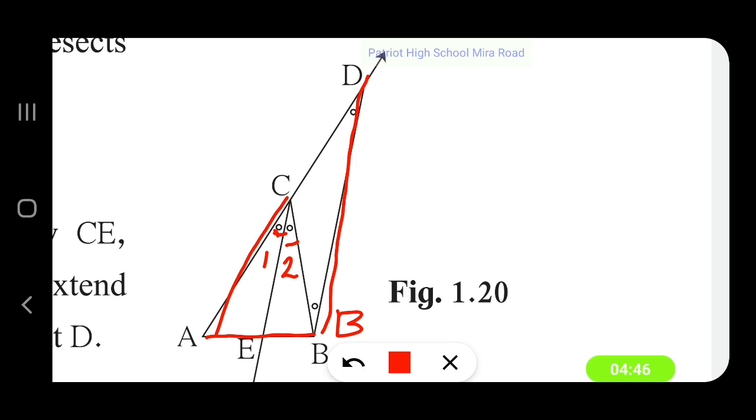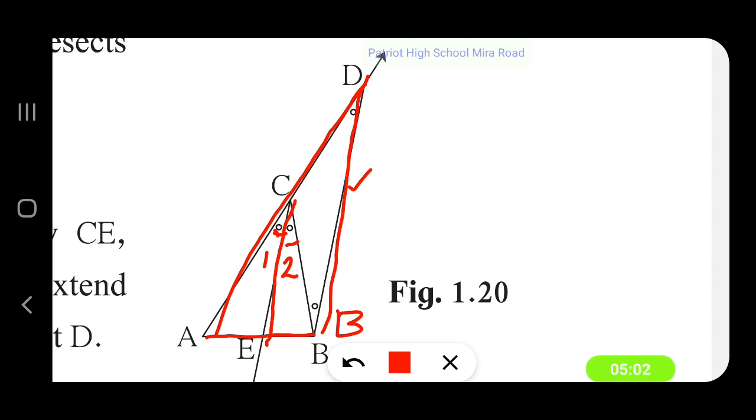This triangle is formed now. In this triangle we have EC parallel to BD because by construction this is parallel to BD.